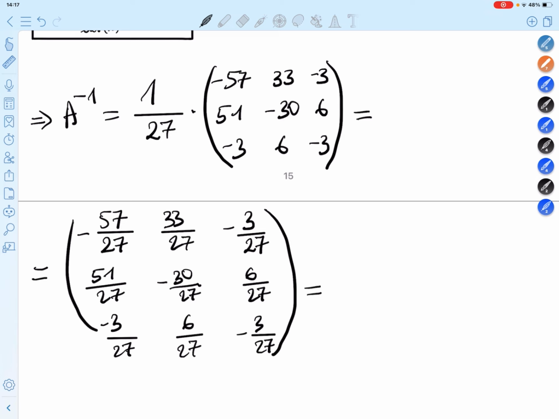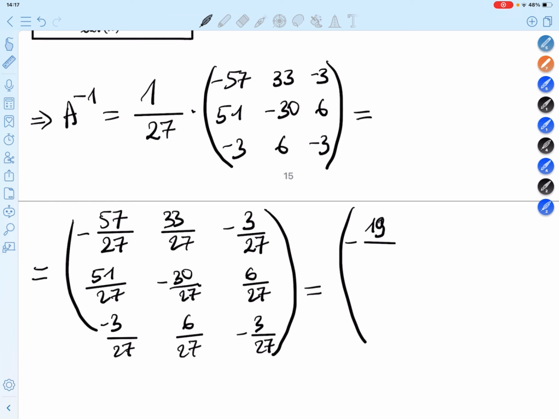Now if we try to simplify here, 57 is divisible by 3, 27 as well. So 57 divided by 3 would give me 19, I think.